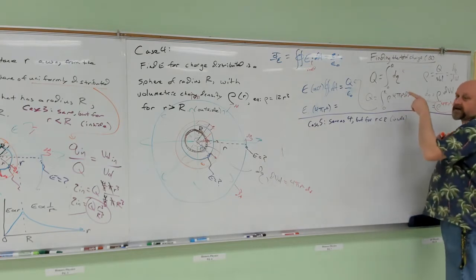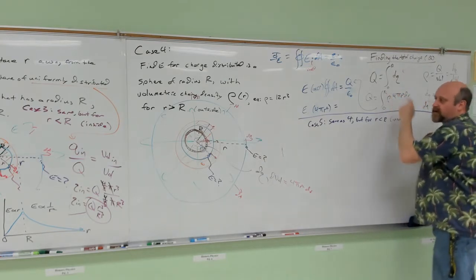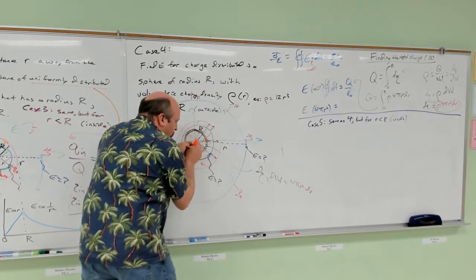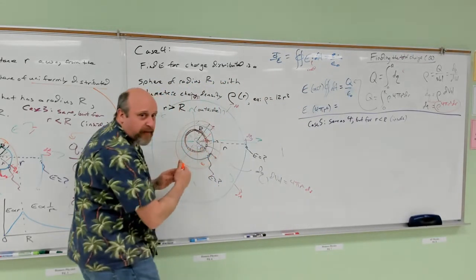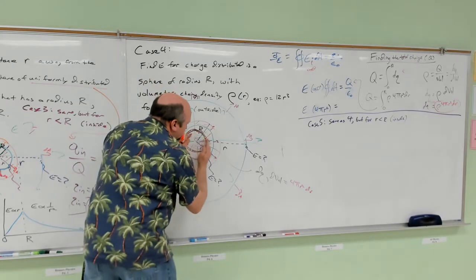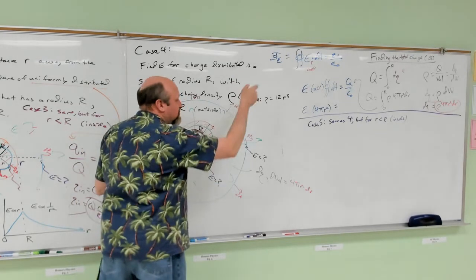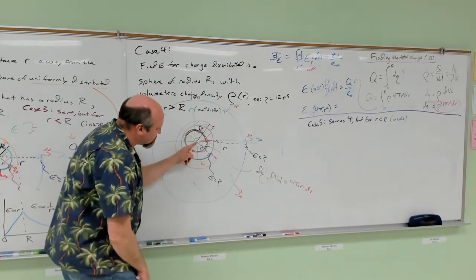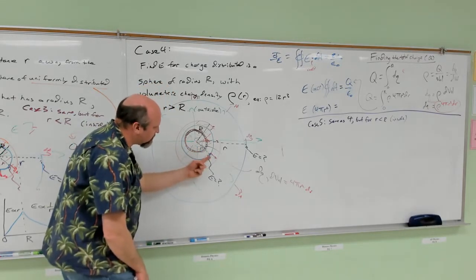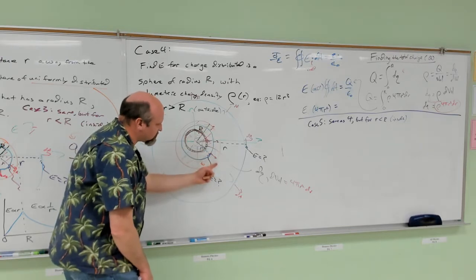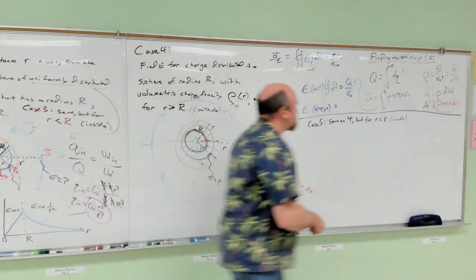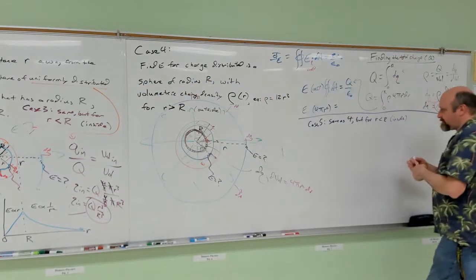The difference is right here. I'm going to add up the charge in each little shell, but when do I stop? I stop when I get to my bubble, because I just care about the charge inside the Gaussian surface. So I'm going to go from 0 to little r, not to big R. I'm not trying to find all the charge in the sphere, just the charge that's inside the Gaussian surface. So that's the difference.